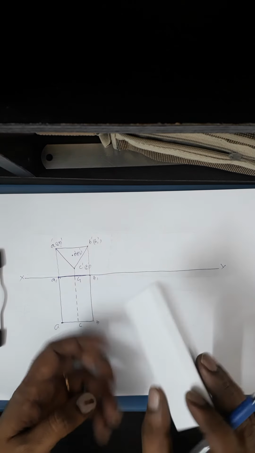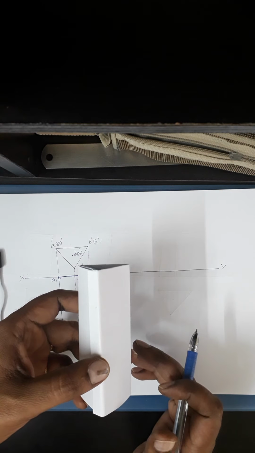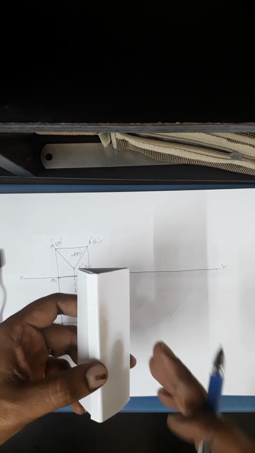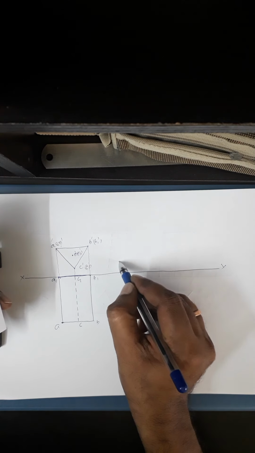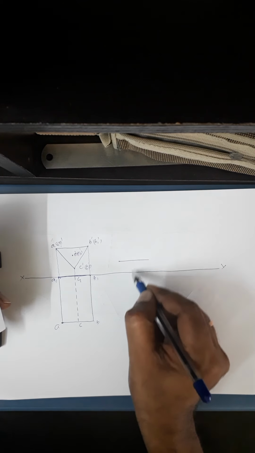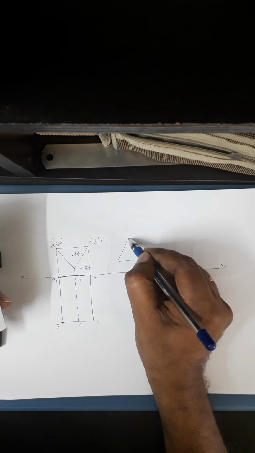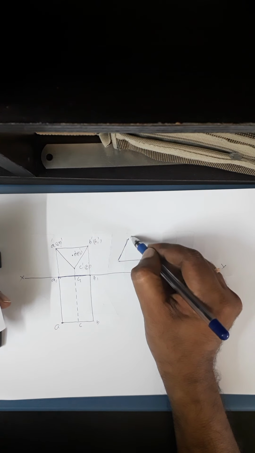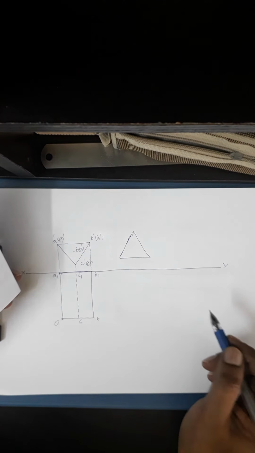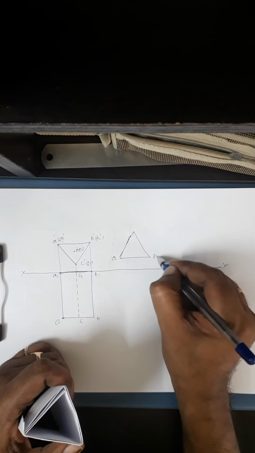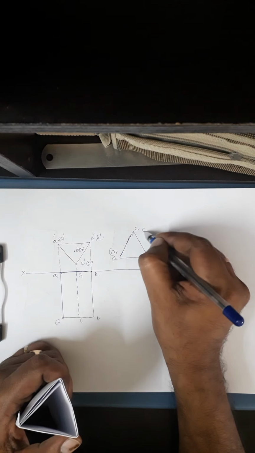The same way, you can have one of its rectangular surfaces parallel to HP and nearer to HP. In that case, I can draw it this way. It's nearer to HP, with one of its rectangular surfaces again parallel to the horizontal plane and nearer to it. So this will be ABC, A1, B1, C1.